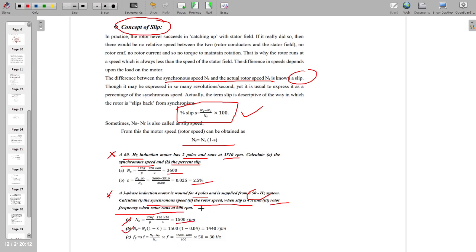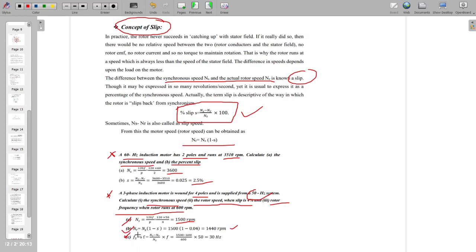Second question, the rotor speed when slip is 4%. We need to determine Nr. Nr is equal to Ns, the synchronous speed, into (1 minus S), where S is given as 4%. So 1500 into (1 minus 0.04) gives 1440 rpm. The third problem is the rotor frequency when the rotor runs at 600 rpm.